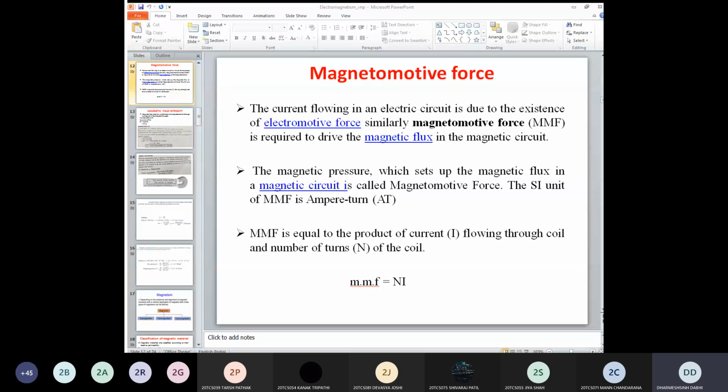Same way here, when we apply the magnetomotive force, in short MMF, to the magnetic circuit, what will happen? Does current flow, or does it set up the magnetic flux? Yes, magnetic flux.